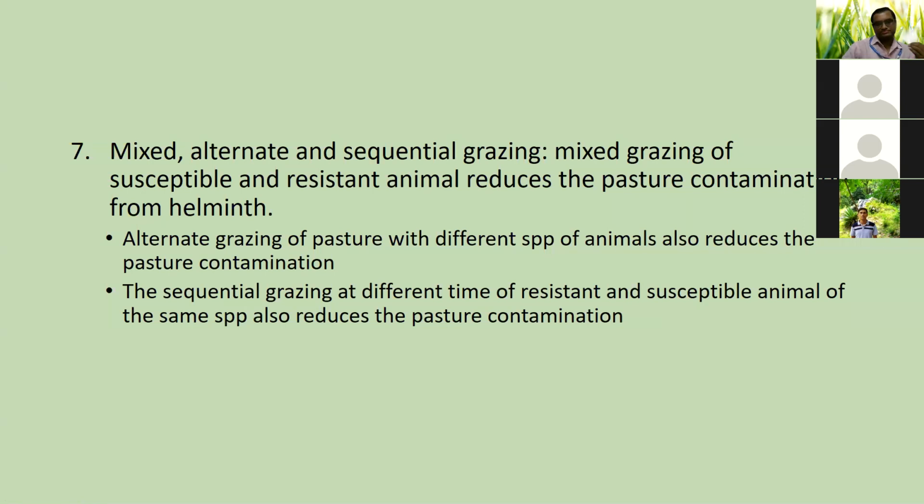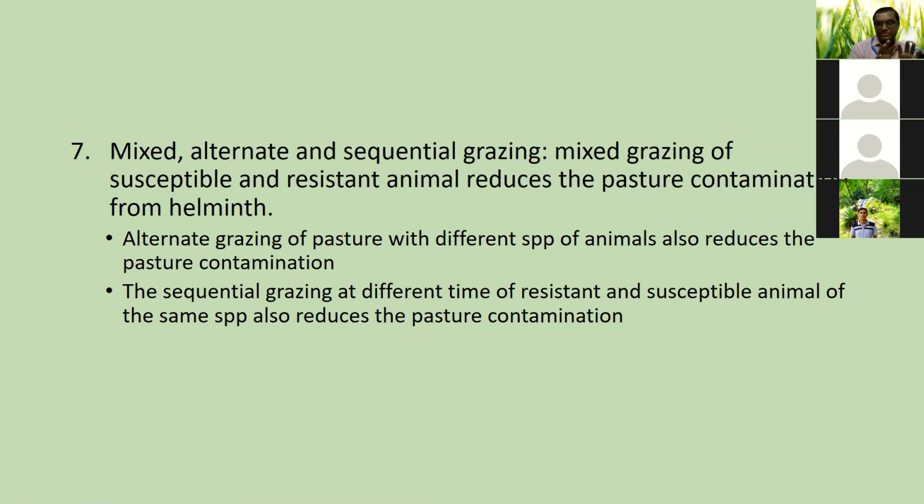There is also a method of sequential grazing. Sequential grazing means grazing of resistant and susceptible populations of the same species at different times. In a population we can have susceptible animals and resistant animals. If we allow sequential grazing of resistant and susceptible animals, this strategy is called sequential grazing.